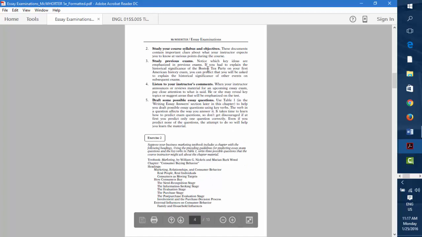studying your course syllabus, studying previous exams, listening to your instructor's comments, especially when your instructor does things like coughing and gives you subtle little hints, which some do, some don't. Drafting some possible essay questions. Those past exams are really good sources of information.